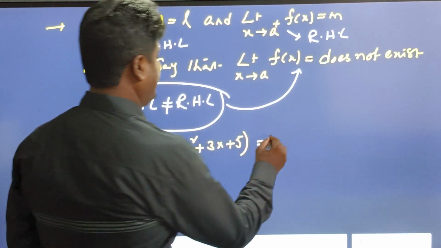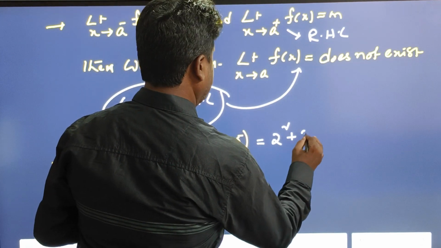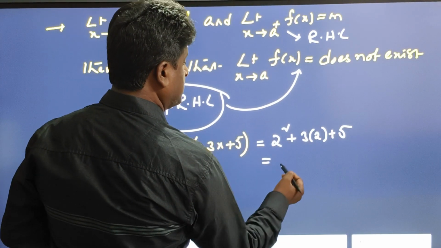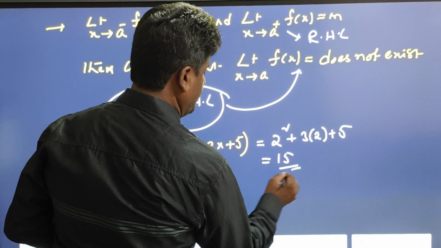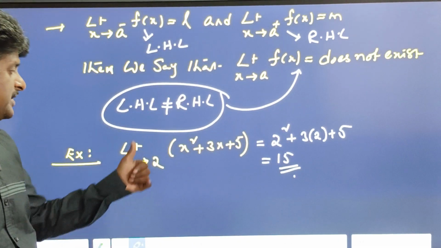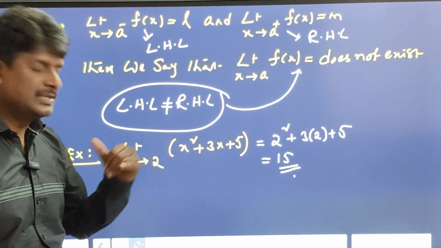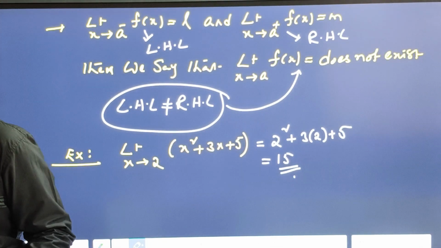Let us discuss indeterminate forms later. It is 2 square plus 3 into 2 plus 5. 4 plus 6, 10 plus 5 is 15. So the limit of this function at 2 is 15. Okay.